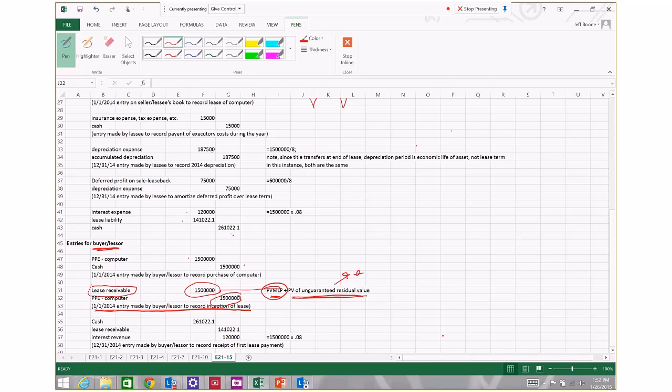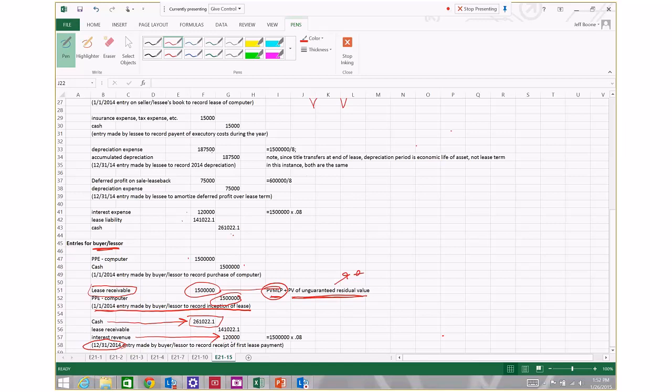Then at the end of the year, December 31st, 2014, they're going to go out to the mailbox. They're going to find a check in the mailbox where the lessee wrote them a check for $216,022.10. They're going to debit cash, of course, to record the receipt of that cash. They're going to credit interest revenue to recognize the portion of that lease payment that represents interest.